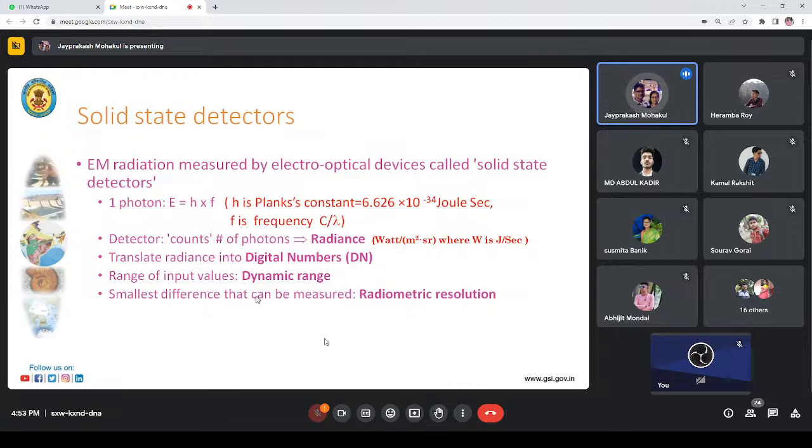It basically counts the number of photons, and then converts that into radiance. The photons that hit the electro-optical device eventually generate an electrical current. That is measured as watt or milliwatt per square meter, from how much area on the surface of the earth it has come, through which solid angle, that is known as steradian.